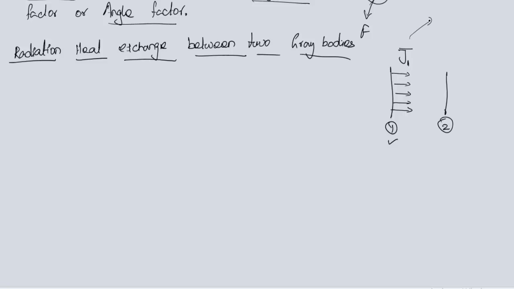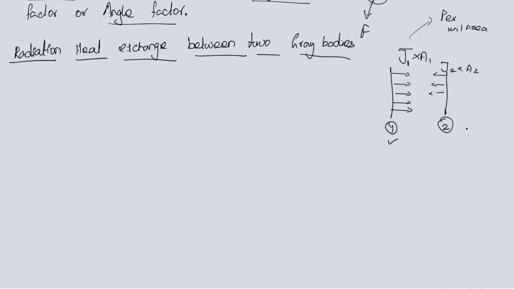J1 is per unit area. In order to consider all the radiation emitting from surface 1, I multiply by the area A1. So the energy leaving surface 1 is J1 into A1. Similarly, the energy leaving the second surface is J2 into A2, right?